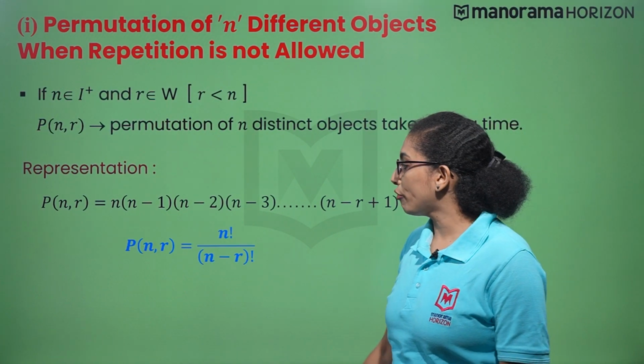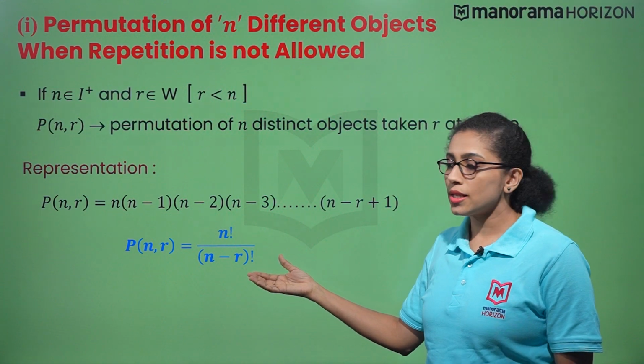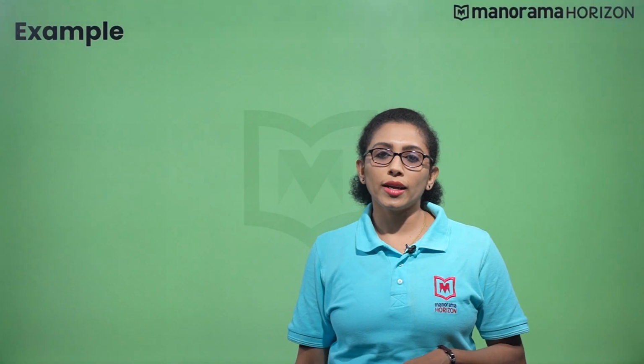That is, P(n,r) = n!/(n-r)!. Let us look at an example.